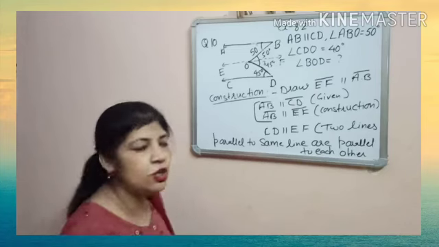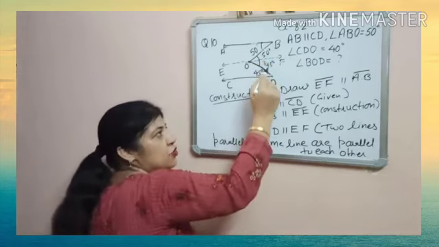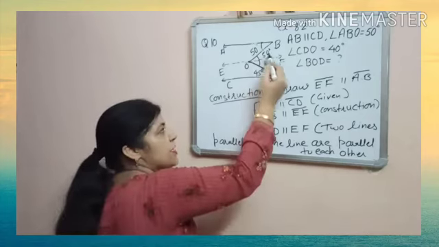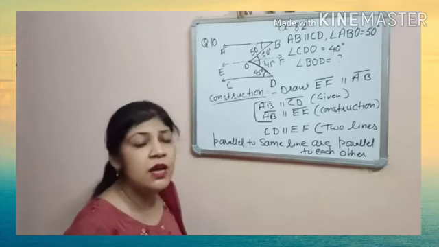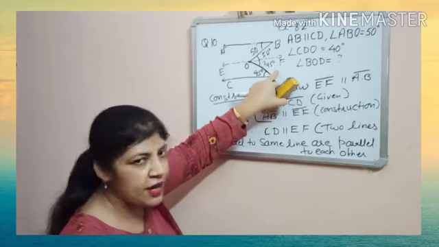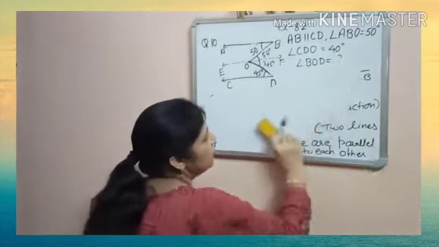And now you need to find angle BOD. When you add these two angles, you will get angle BOD. Means the angle BOD will be 95 degrees: 50 plus 45, 95 degrees. So how will you do it?